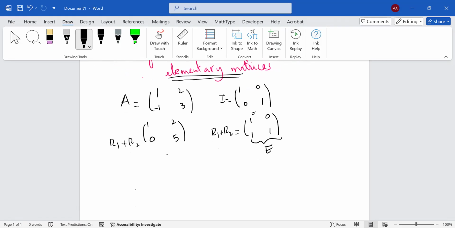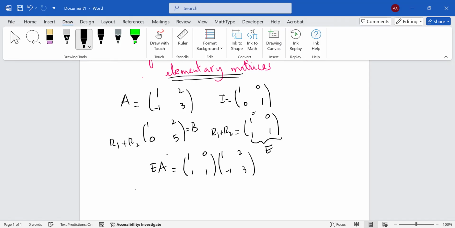If I call this matrix B, the one I got, when you multiply E by A, to the left of A, we put E times A. To the left of A, not the right. Let's see what you get. We have 1, 0, 1, 1 times A, which is 1, 2, -1, 3.